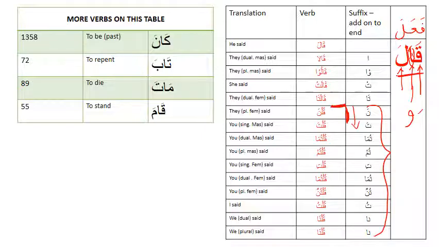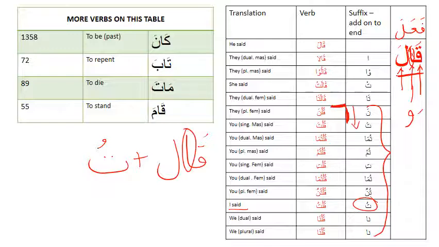So for example, qala plus, let's do tu, because I'm going to say I said. Qultu means I said. So you take that one out.